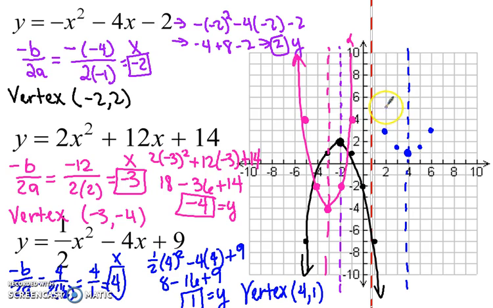And then instead of going up 7, we could go up 3.5. Hey, we fit all kinds of dots on that one.